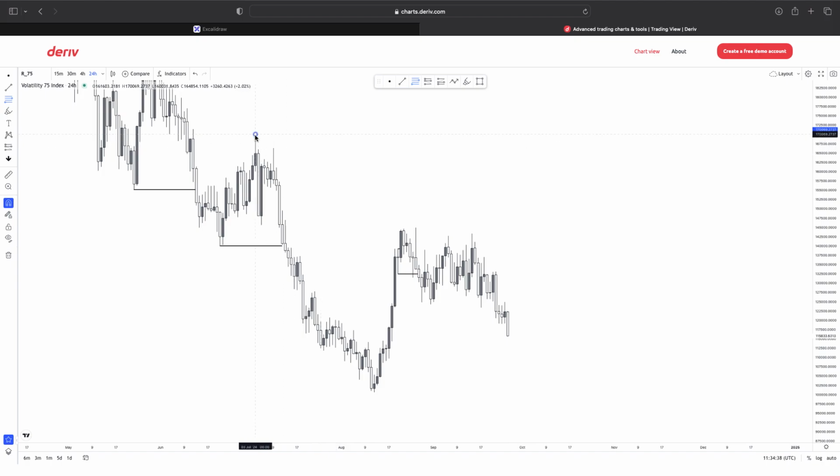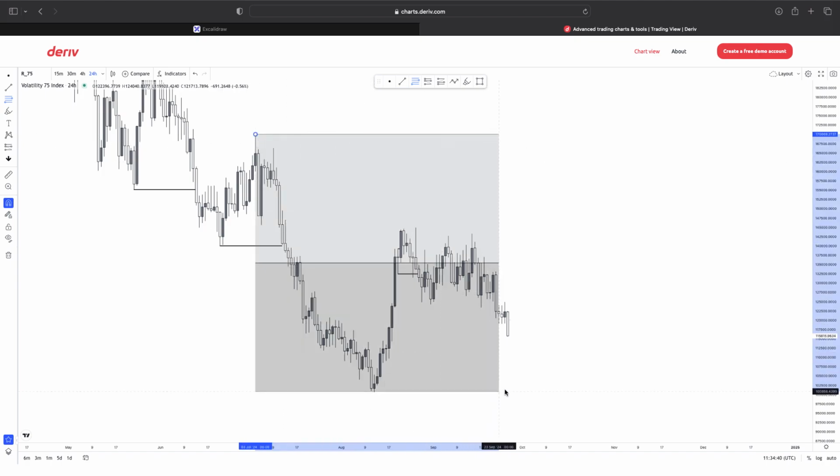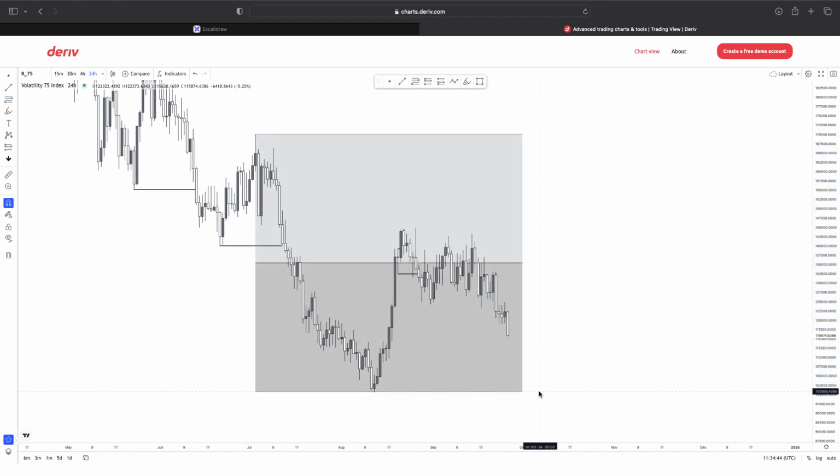So again, another thing we can ask ourselves: did price trade above the 50% level? Yes, it traded above the 50% level. And I did mention, when I was showing you an example utilizing the daily time frame, that right now it is a good time to be looking for some selling opportunities.